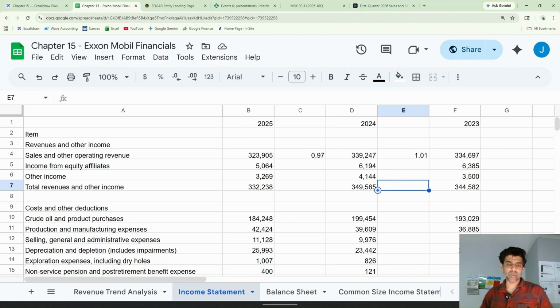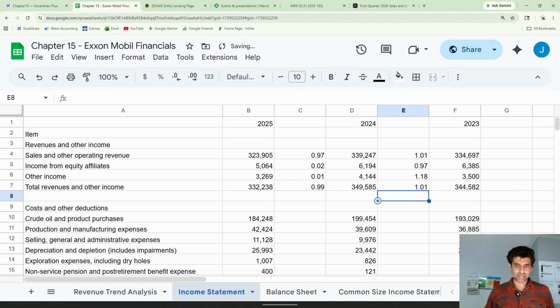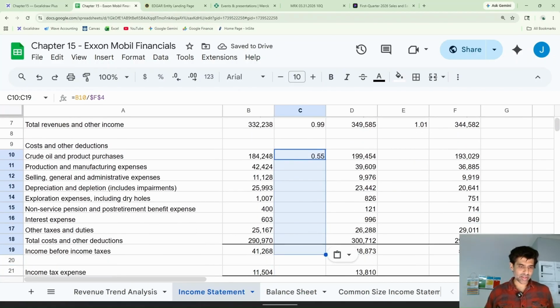It's fluctuating, and this year it went up a little bit, and then this year it's down from the base year. You could do this for all of the different accounts. You can see that total revenues is almost the same as the base year. In this case, it's a little above, and you could again do this type of analysis for every single account here and get some information.